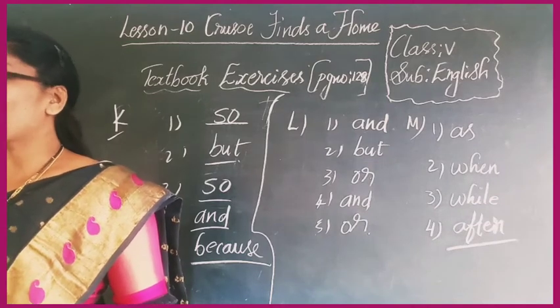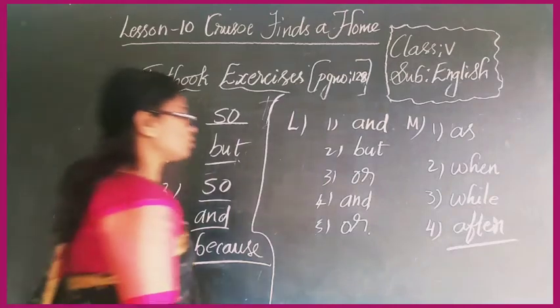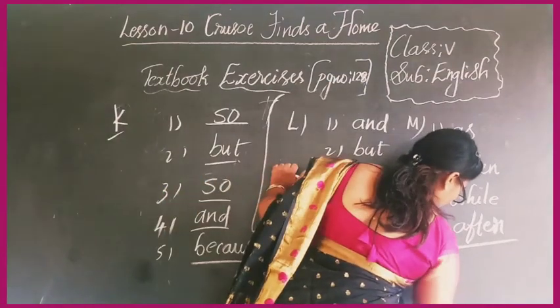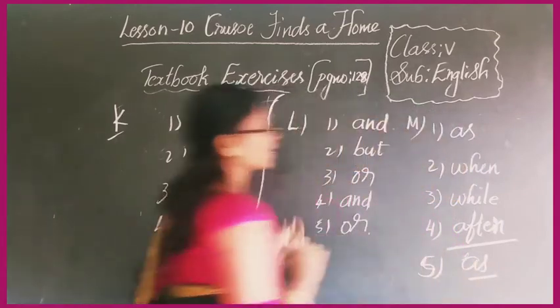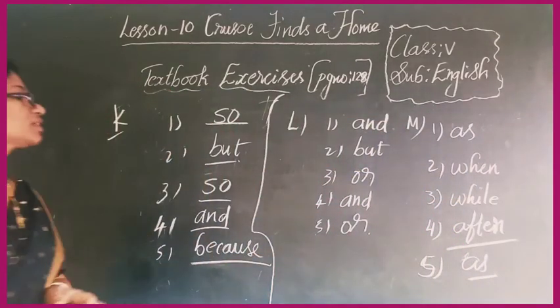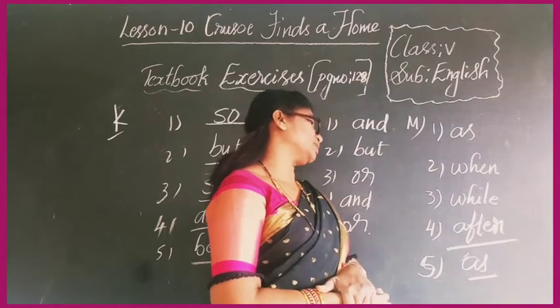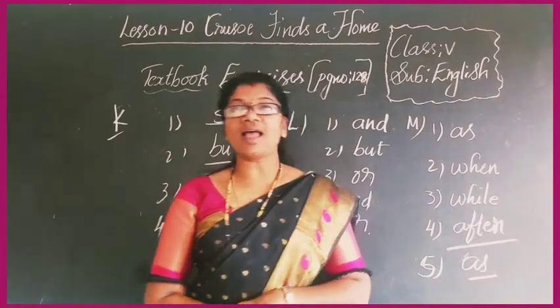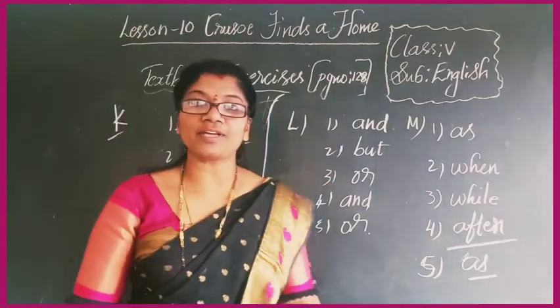You could write after. Your jacket is a light color, as it's not flashy. Hope you have written all this. First one is as, second one is when, third one is when, fourth one is after, and fifth one is as. Okay, fine children. Now let's go with the next one, that is the listening and comprehension part.